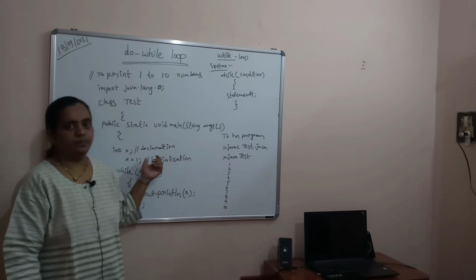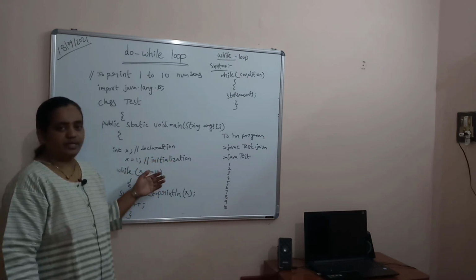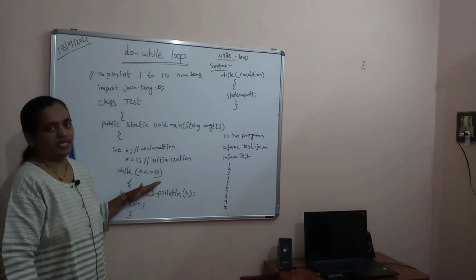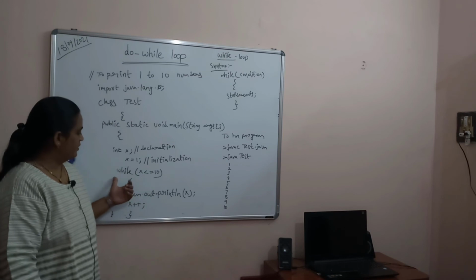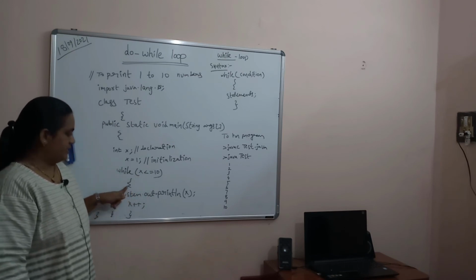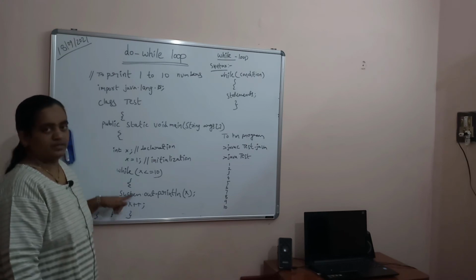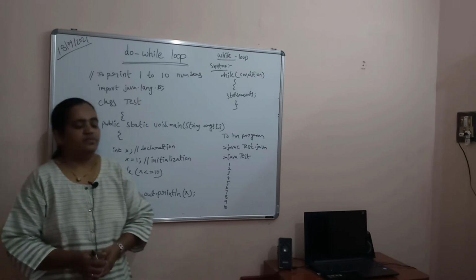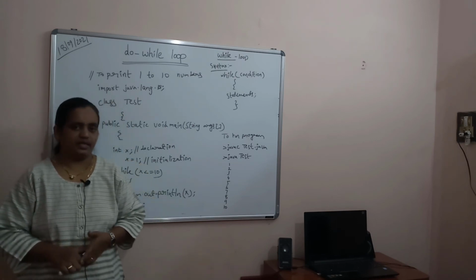In the do while loop, it prints the statement first, after that increments the x value, then checks the condition. Coming to the while loop, it first checks the condition, prints the statement, and increases the value of x. What is the difference between them? This is the difference between the while and do while loop.